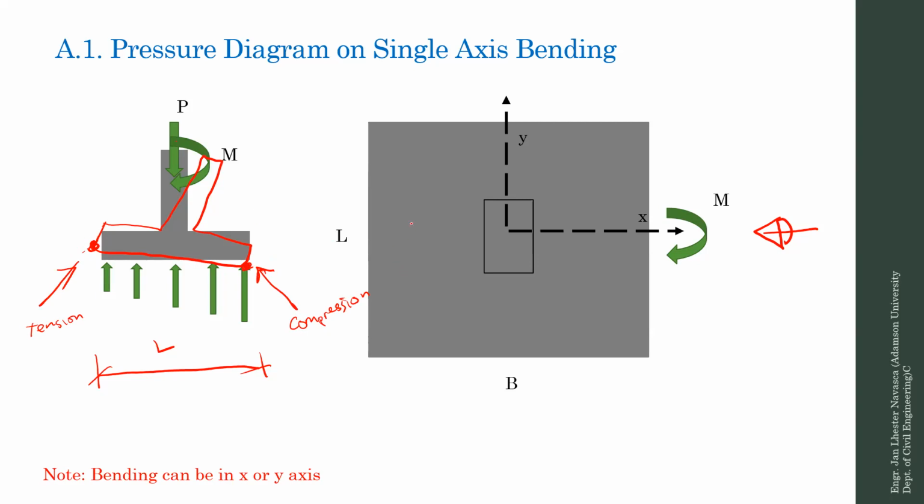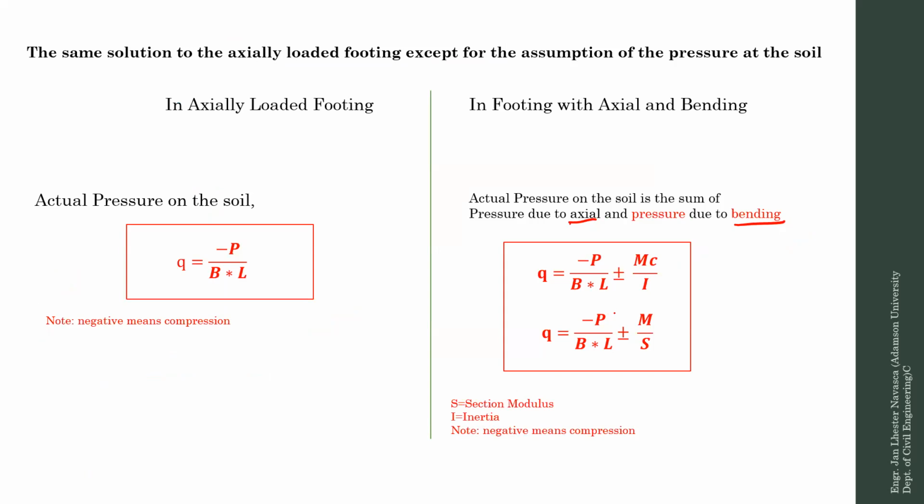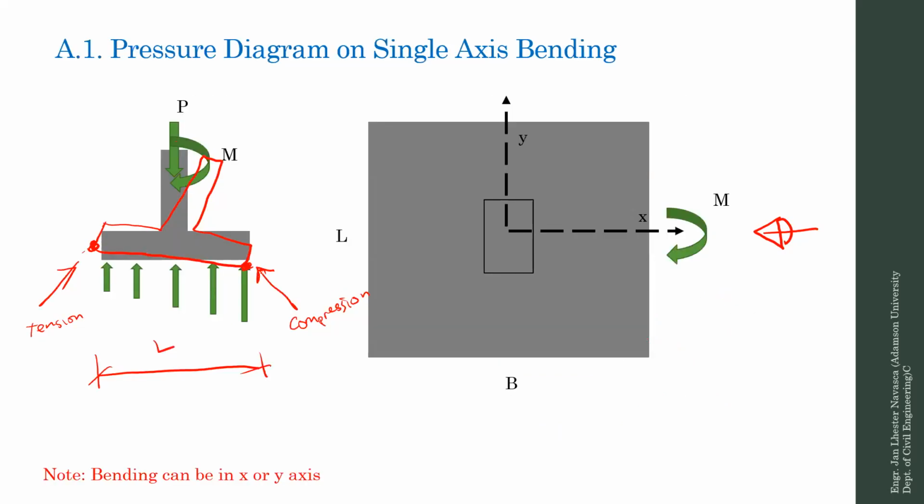Of course, your equation is negative P over B times L, which is in compression. And this part is either compression or tension.